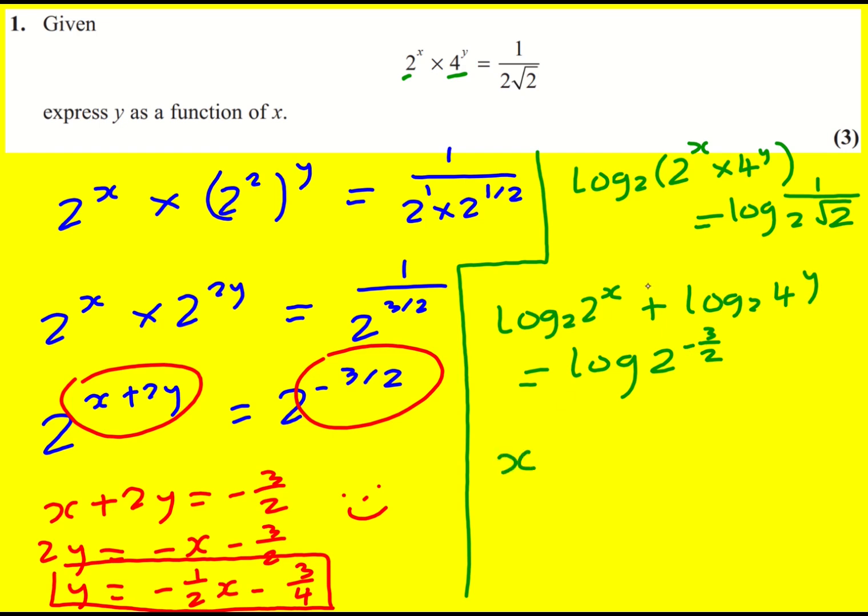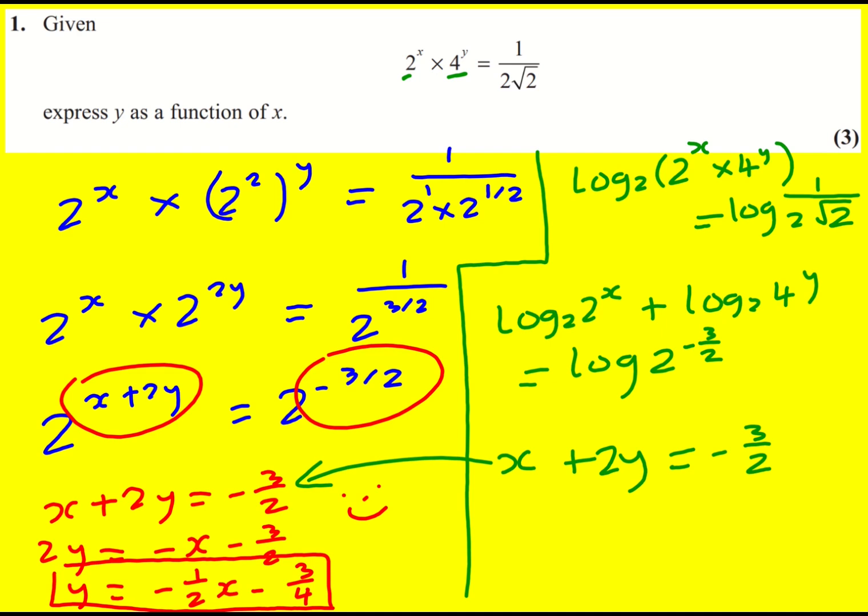So x log to base 2 of 2, actually that's just 1, plus y log to base 2 of 4, which is actually 2, is equal to minus 3 over 2. And we're basically back to here. So we get the same answer.